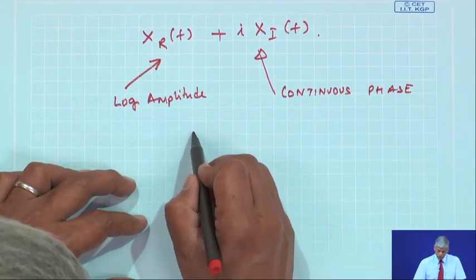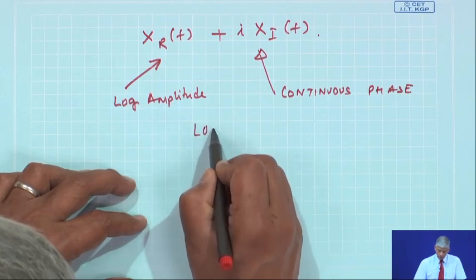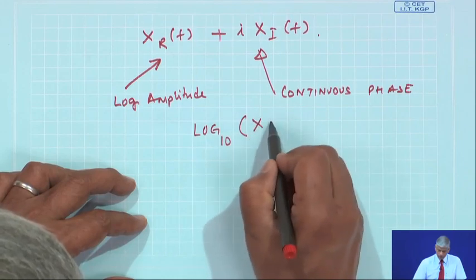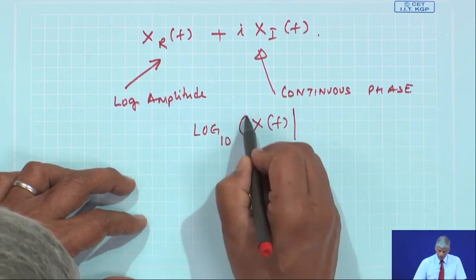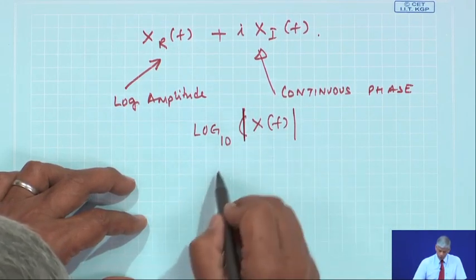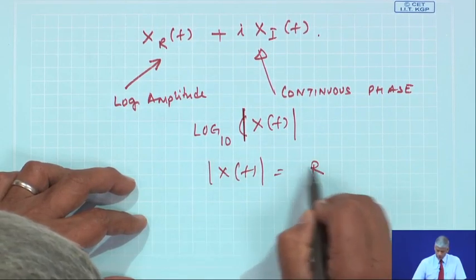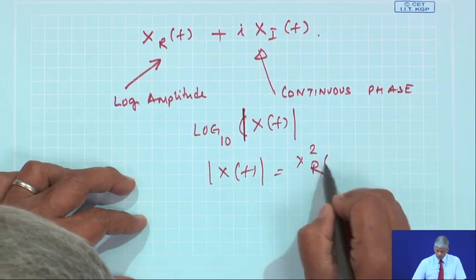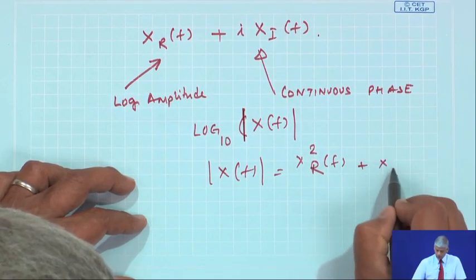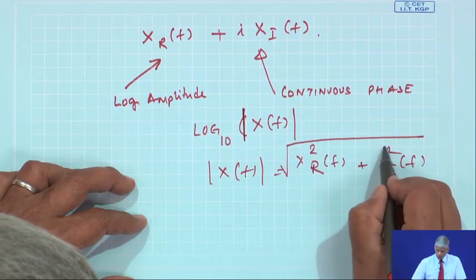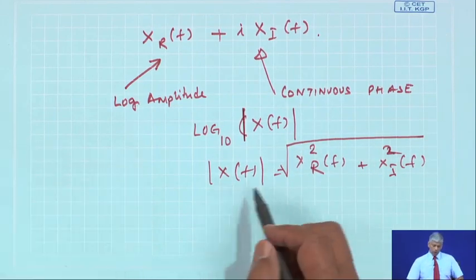It is nothing but logarithm to the base 10 of x f amplitude, where x f amplitude is nothing but the square root of x real square plus x imaginary square. So, this is one argument.